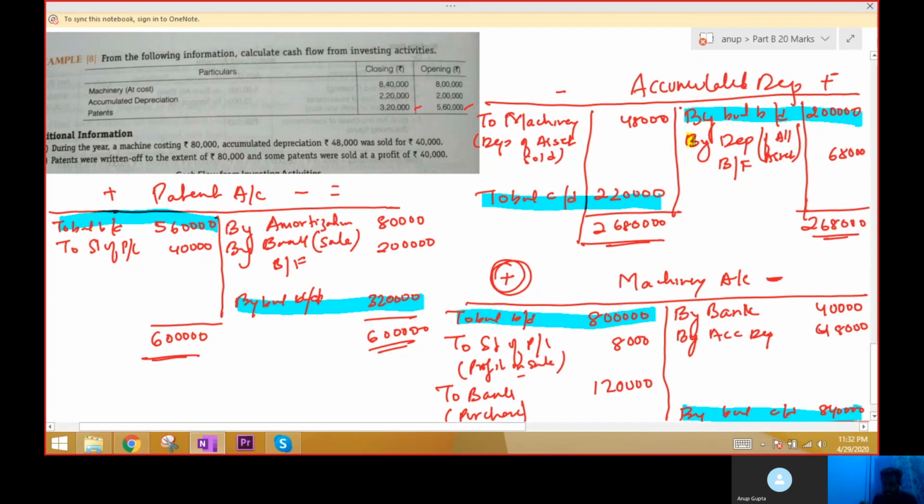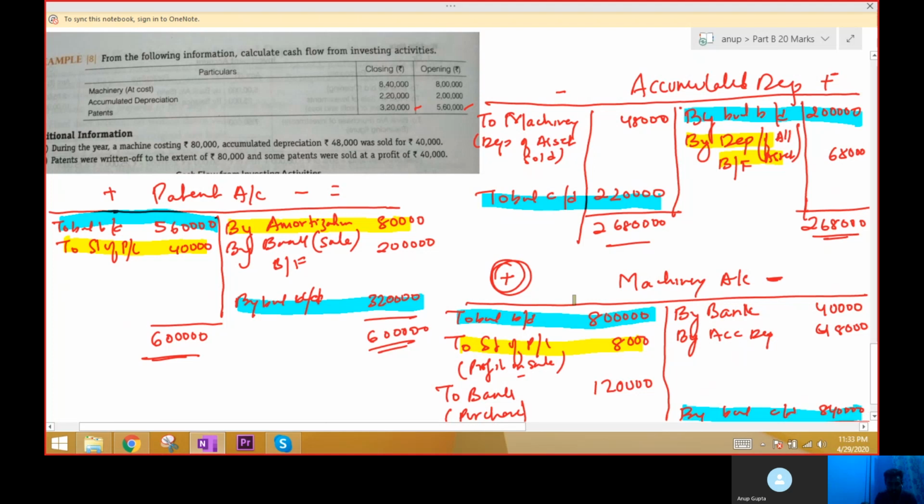Depreciation goes under adjustment of non-cash and non-operating items, under operating activity. Amortization will also go under operating activity. Profit on sale, operating activity. The 48,000 will be of no use.